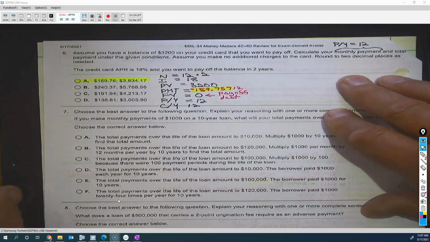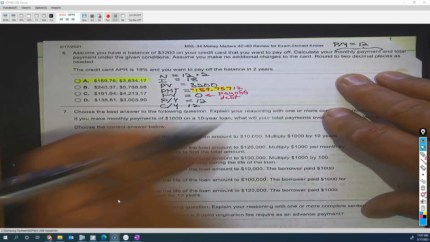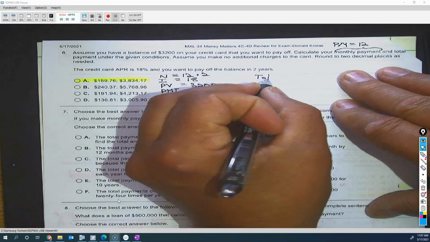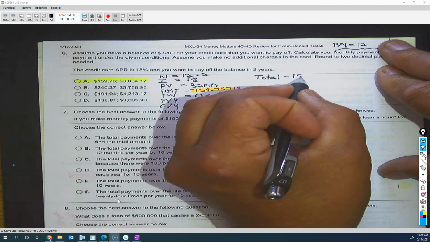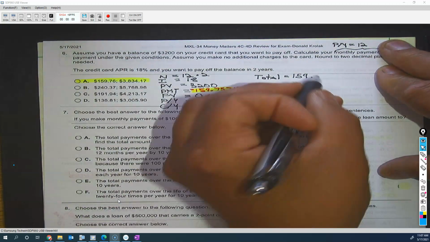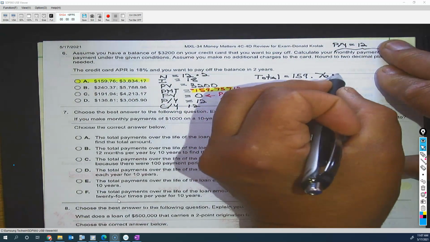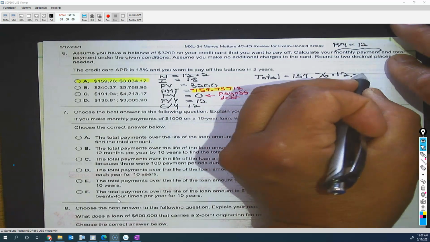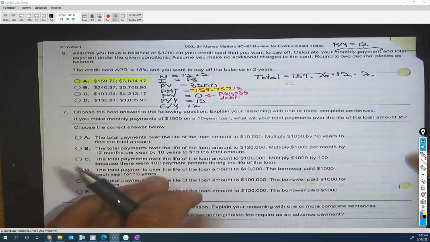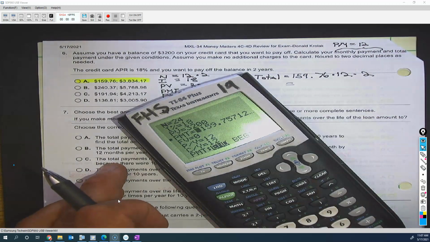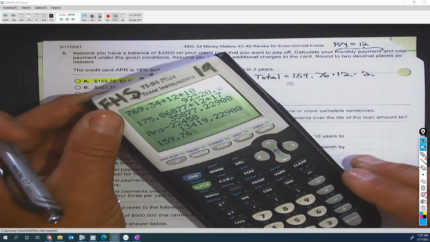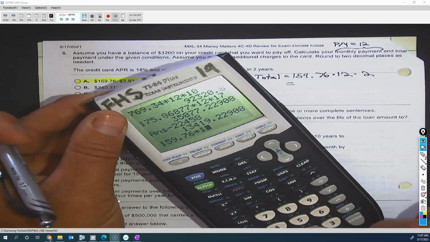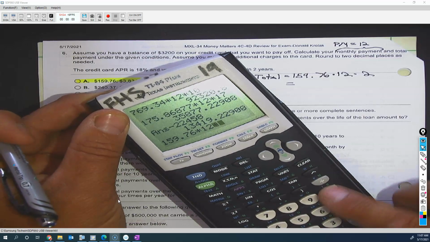Okay, but just to be sure, I'm going to do my total payment, times 12 times 2.